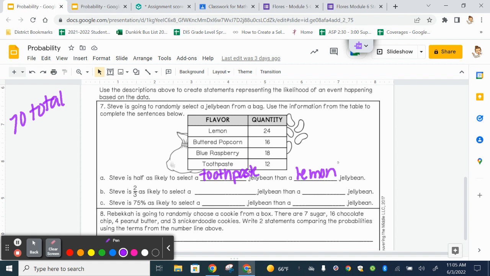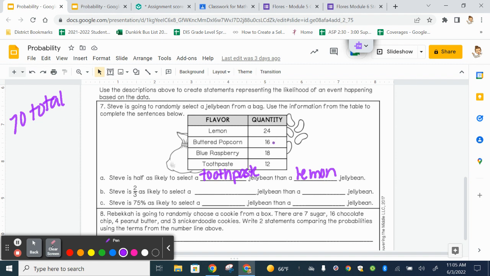All right. Steve is 2/3 as likely to select a what jelly bean than a what. So I'm looking for a ratio that would be 2/3. So I know it's not the toothpaste and the lemon because we already knew that that was half. I could take a look at some of these other ones to make a ratio out of it. I'm going to help you out a little bit on this one, and I'm just going to tell you which one it is.